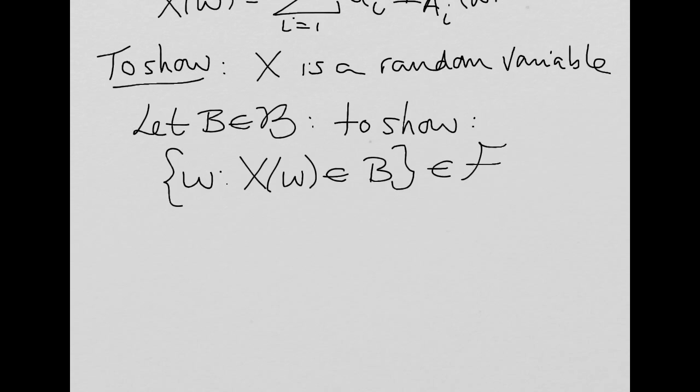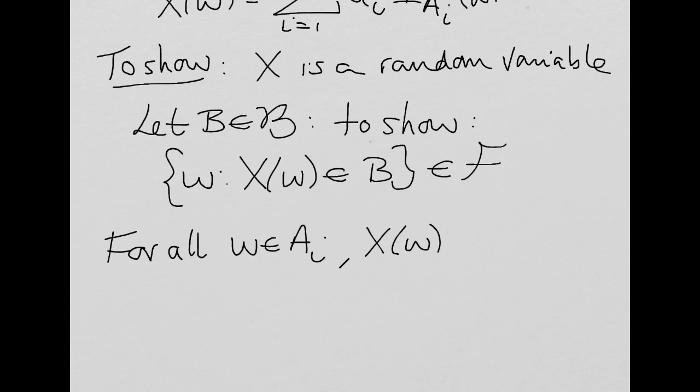The thing to notice here is that for all outcomes contained in A sub I, X applied to that outcome takes the value little a sub I.